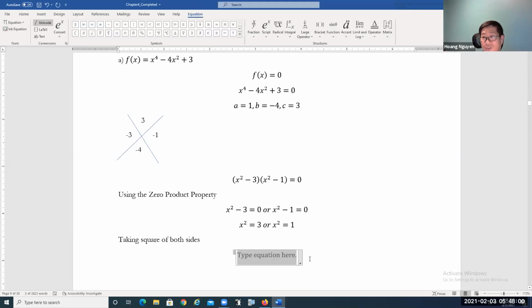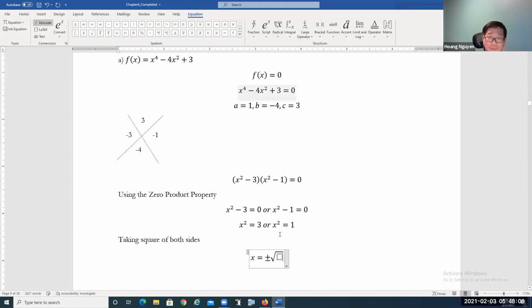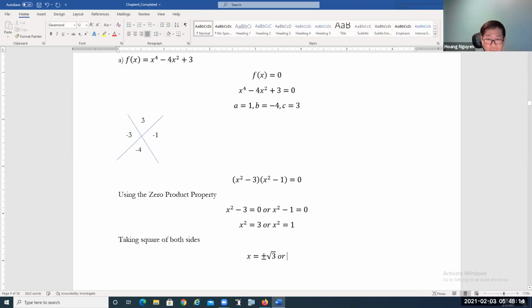Make sure that you don't forget the plus and minus. So we have x equals plus or minus square root of 3, or x equals plus or minus square root of 1.